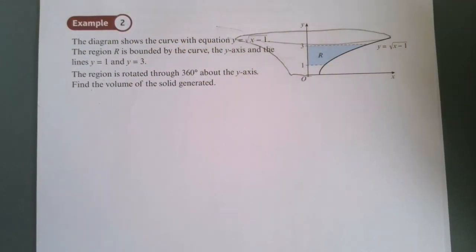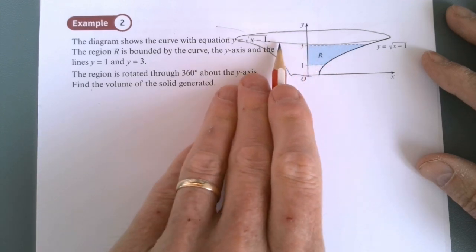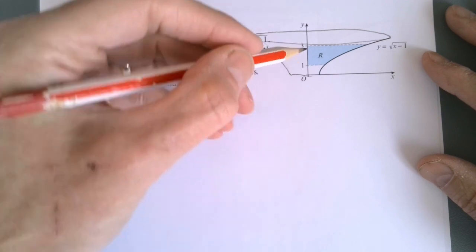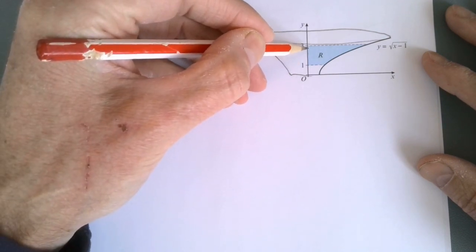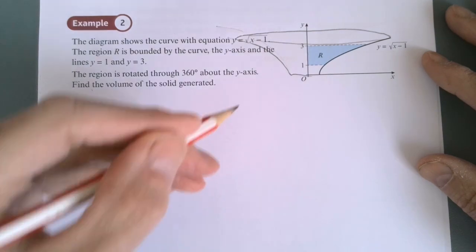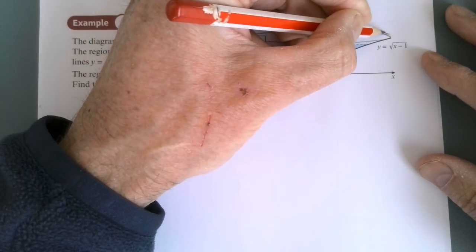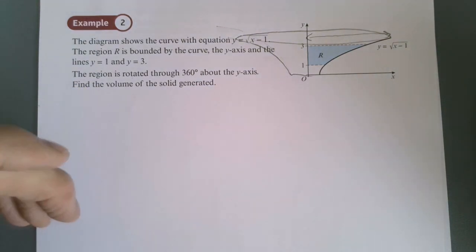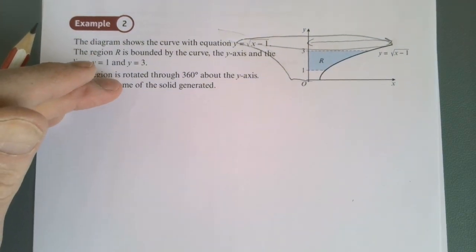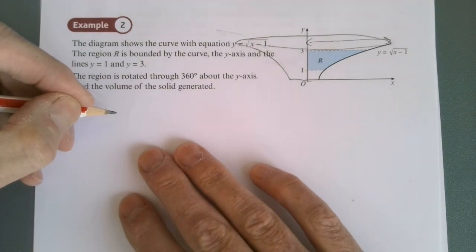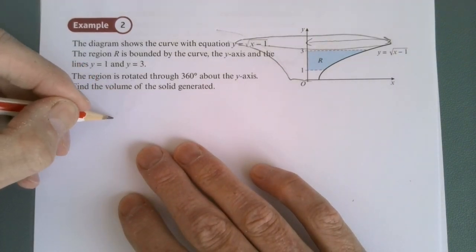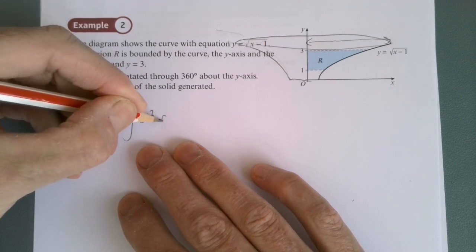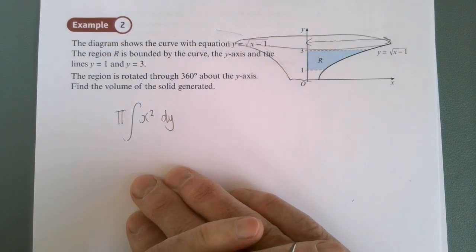But hopefully you can see this time that it's cylinders which are horizontal, and so the height of the cylinder is still the gap, but that's going to be a y value, and the radius of the cylinder this time will be the x value of the function. So all you need to remember is that when you are rotating around the y-axis, the volume you get is pi x squared with respect to y.